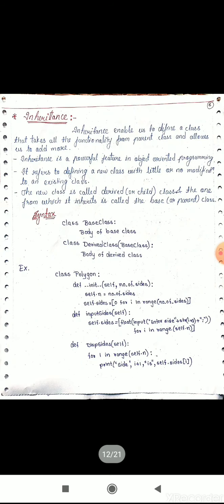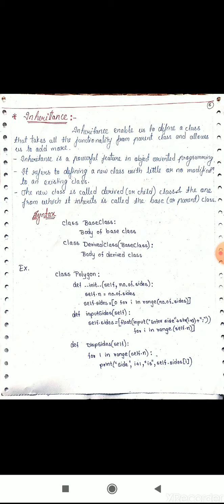Now see, this is the base function which has three different methods. First of all is by default the init method, then I have another function for taking the inputs, that is how many sides I want and also the length of the side, and the next function is displaying the sides. Now even if I have a triangle, square, kite, rhombus, parallelogram, etc., in every case it is compulsory that I need the length of the sides and I want to display the length of the sides.